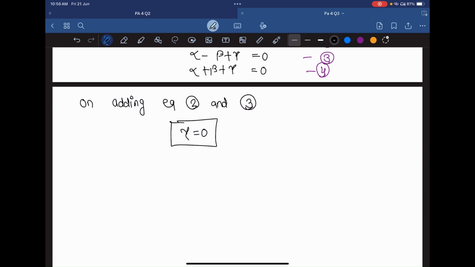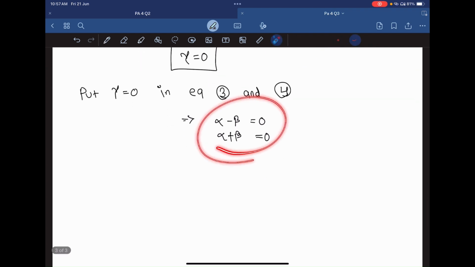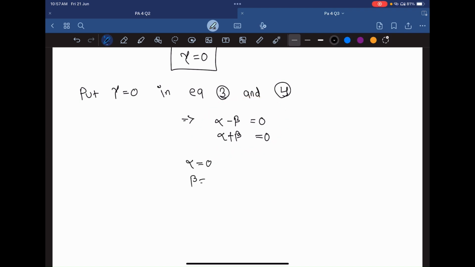Now we can put gamma equal to 0 in equations 3 and 4, so we get alpha minus beta equal to 0 and alpha plus beta equal to 0. Adding these two equations, we get alpha equal to 0 and beta equal to 0.